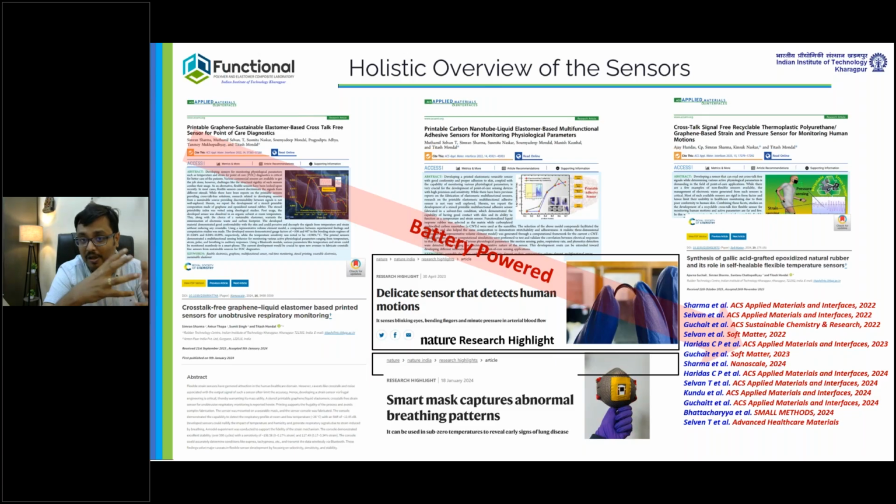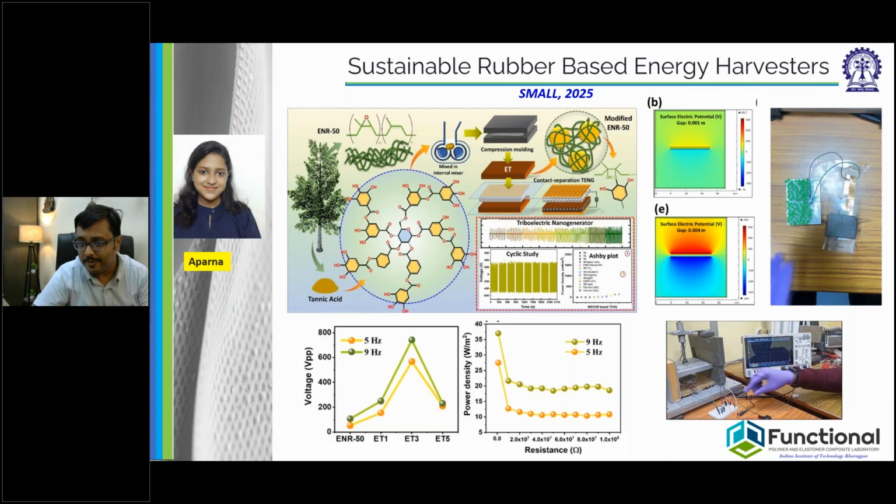So it's a unique invention. You do not need any external power sources to run these sensors. So that brings us to the concept of energy harvesters. Okay, that means you are taking this material and we call it triboelectric nanogenerators.